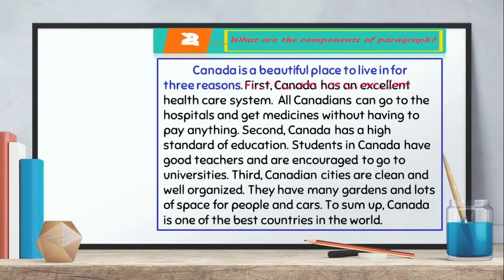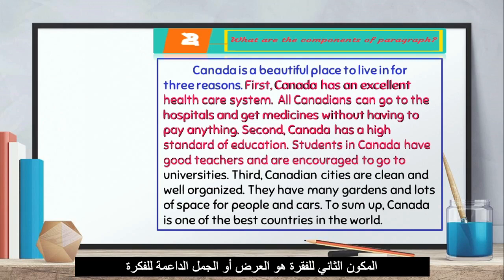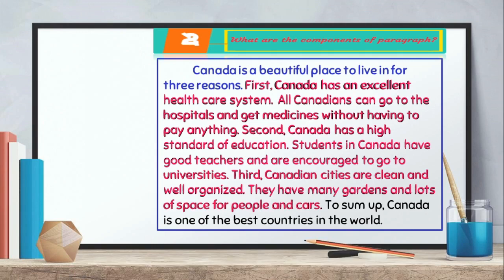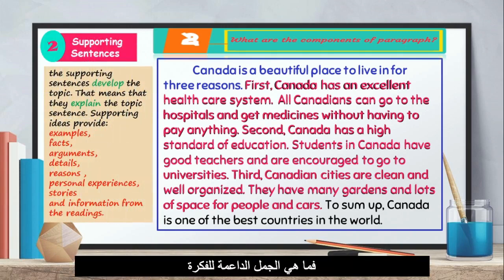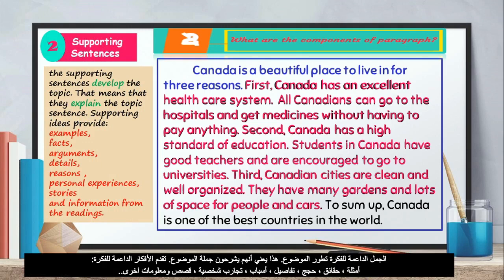Now we move to the second component of a paragraph, which is this. First, Canada has an excellent healthcare system. All Canadians, etc. All these things here are what we call the body of the paragraph, but we call them supporting sentences. So what are the supporting sentences? Supporting sentences develop the topic. That means that they explain the topic sentence.